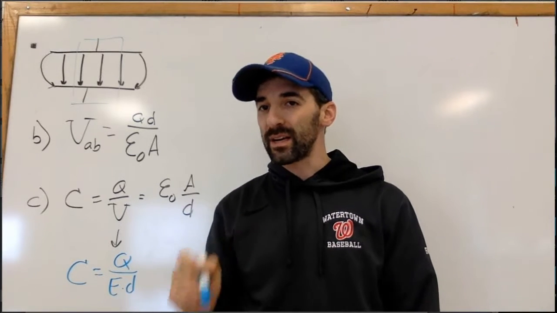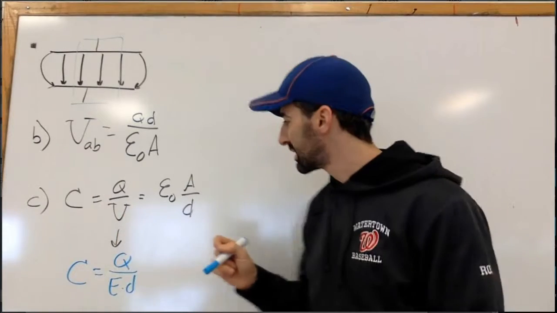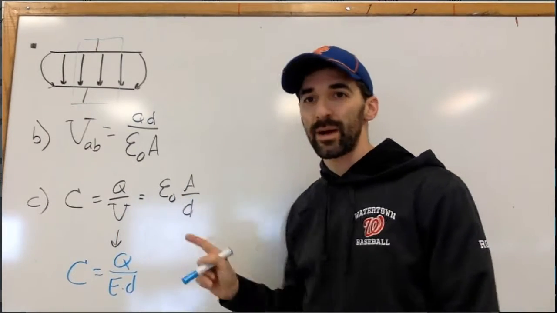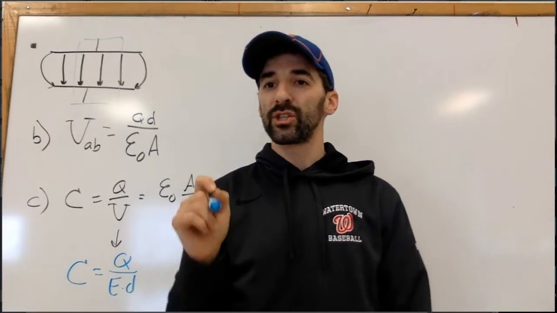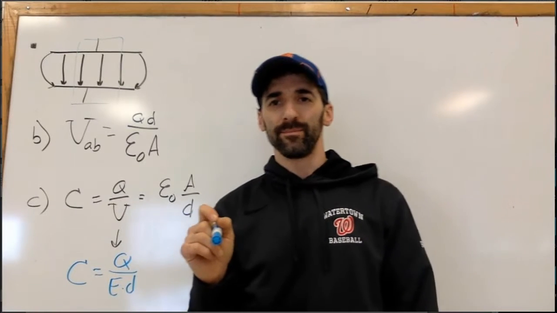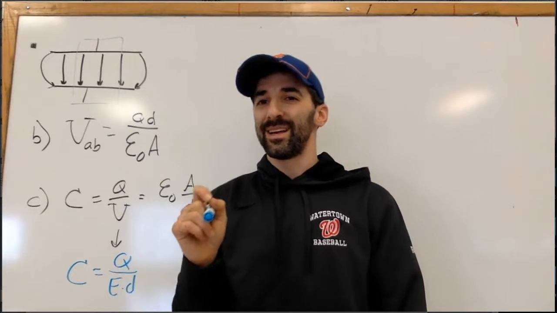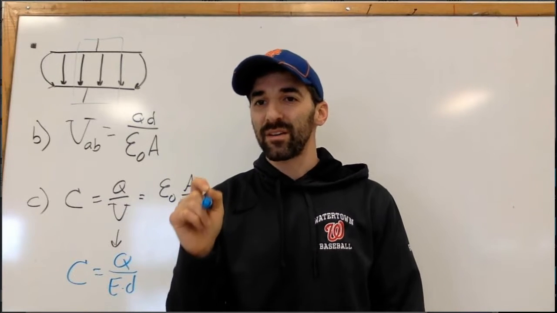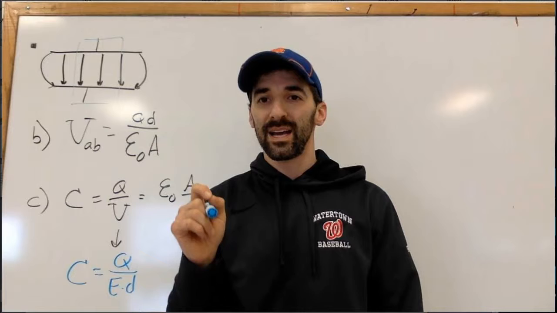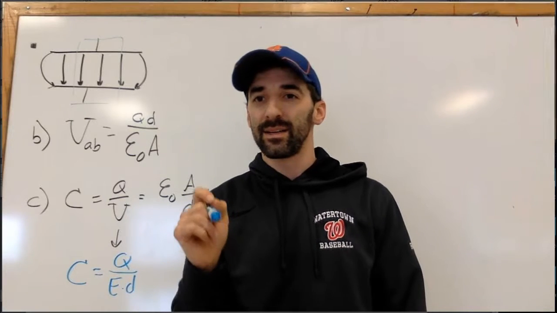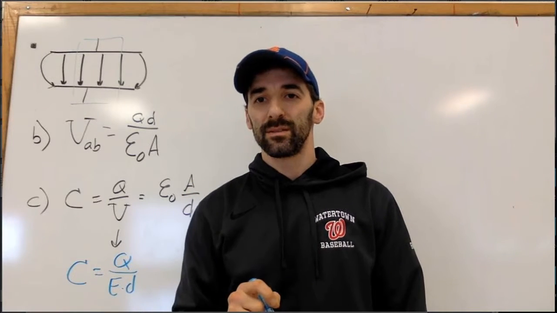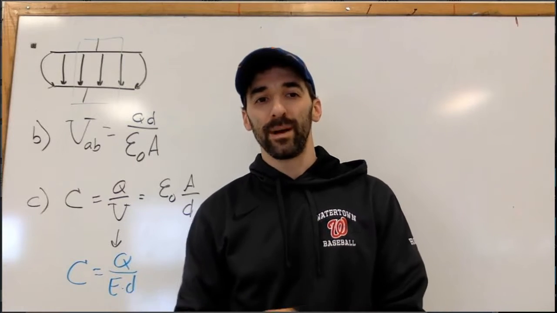And it's made very clear because epsilon 0 A over D is going to show me that the uniform electric field had to be made smaller. That's all I have for you about this problem.